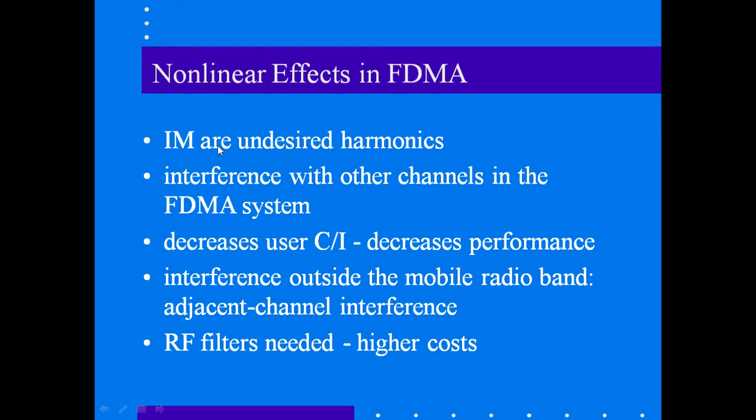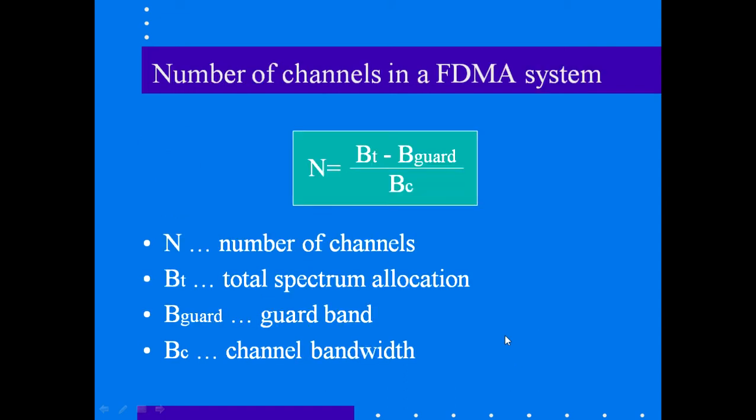Intermodulation products are undesired harmonics, and they interfere with other channels in the FDMA system. It decreases the user's performance. Interference outside the mobile radio band is called adjacent channel interference. So there is a need for RF filters to reduce this interference, which makes FDMA costlier.